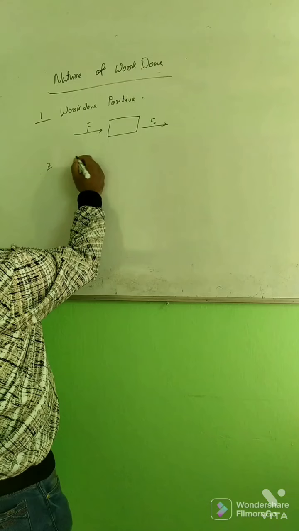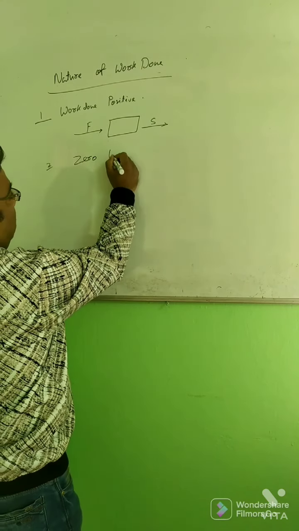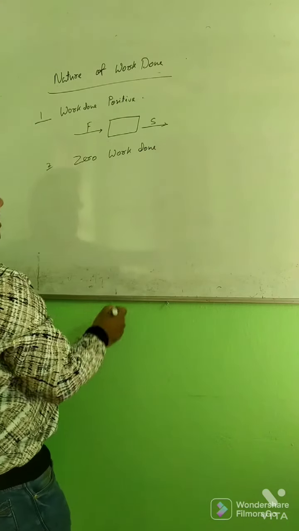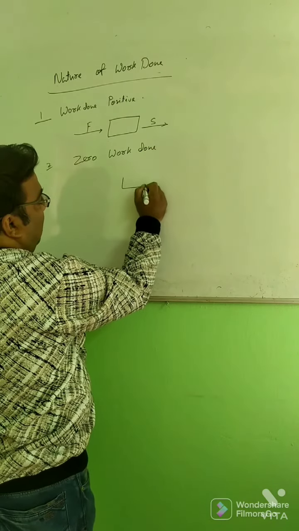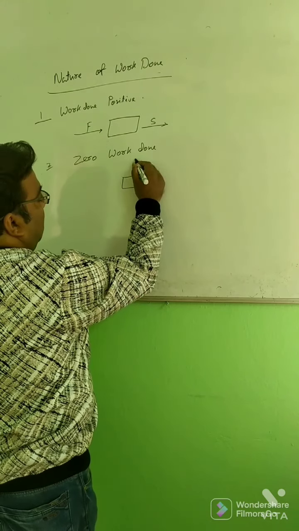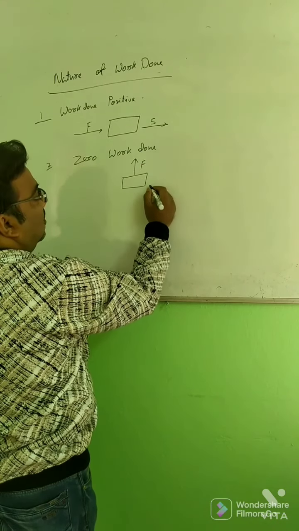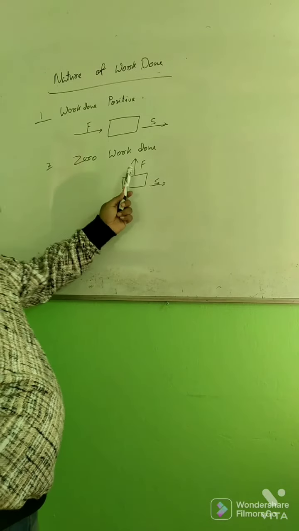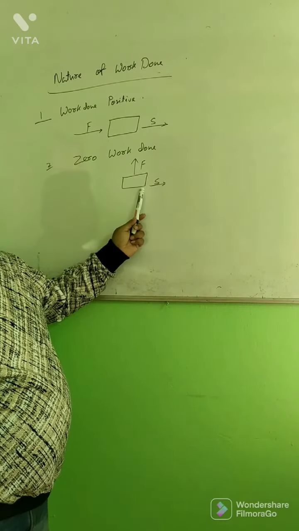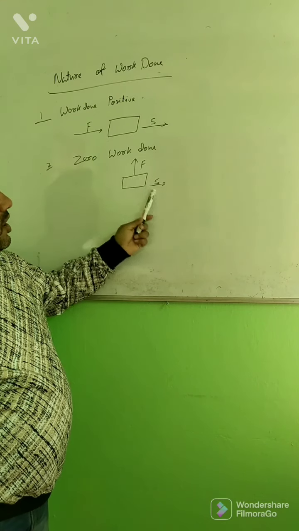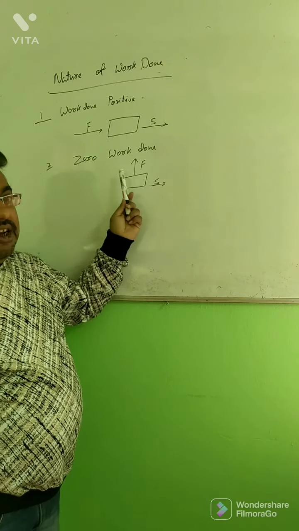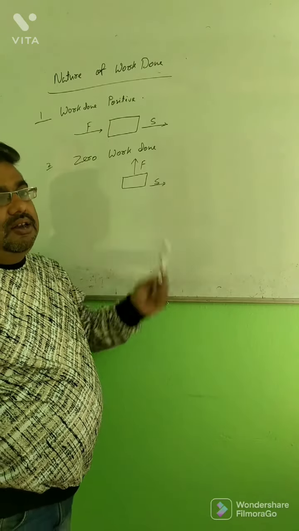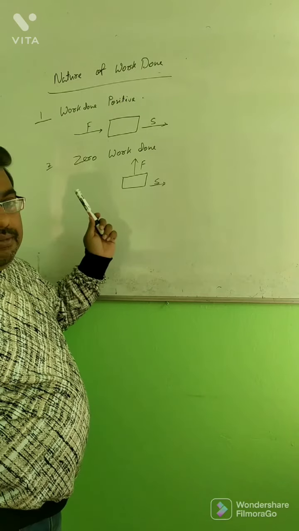Second case, zero work done. Suppose the direction of force acting on the body is in this direction, and the displacement is in this direction. When the direction of force and the direction of motion of the body are perpendicular to each other, means the angle between them is 90 degree, then work done is said to be zero.